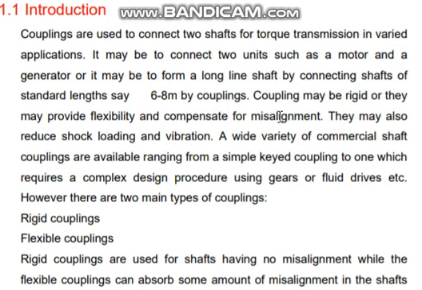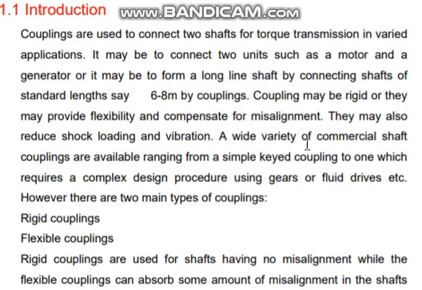When there is no misalignment, the couplings used are called rigid couplings, and where there is some misalignment and you have to compensate that misalignment, then what you use are called flexible couplings. They may also reduce shock loading and vibration. So these couplings will be isolating the shocks and vibrations, provided you provide some damping elements inside, some packing material or some rubber and such things.